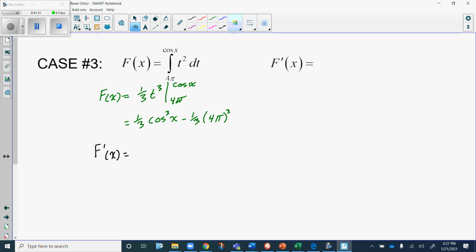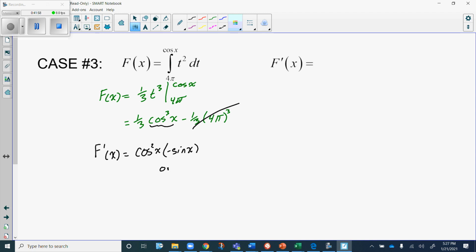So the derivative of the whole thing, of the 1/3 cosine cubed of x, that is just going to be cosine squared of x. And the chain rule says we have to take the derivative of the inside bit here, so that would be negative sine of x. And the derivative of the constant is just 0.